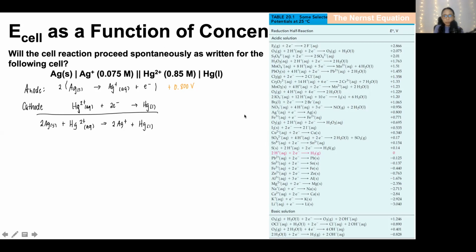Okay, for mercury 2, the standard reduction potential is 0.854.